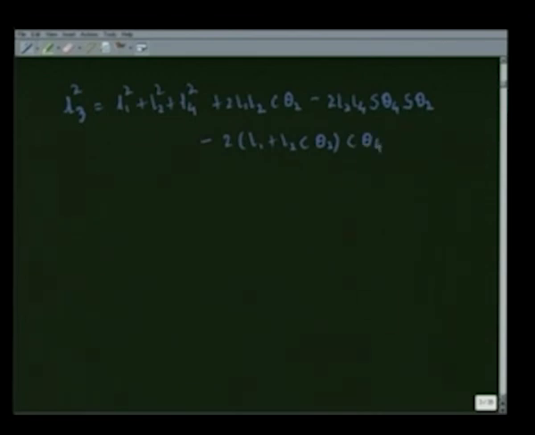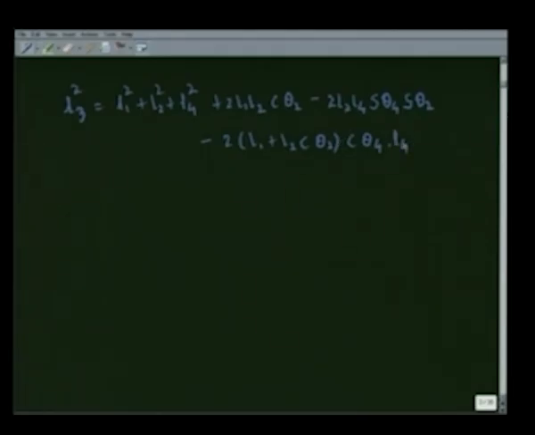If we divide both sides of this equation by twice L2 L4, here I have missed out one L4, so let me write it here.